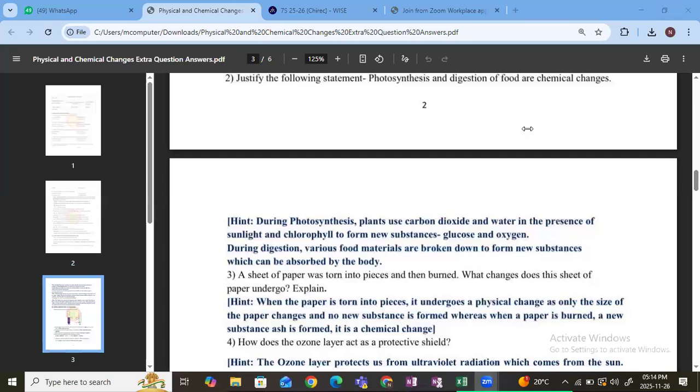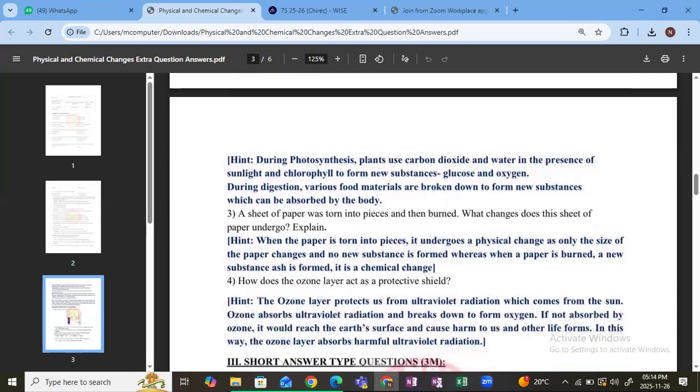Done? Okay. How does the ozone layer act as a protective shield? Ma'am, the ozone layer acts as a protective shield by absorbing most of the harmful rays given out by the sun. It protects us from the harmful UV rays.